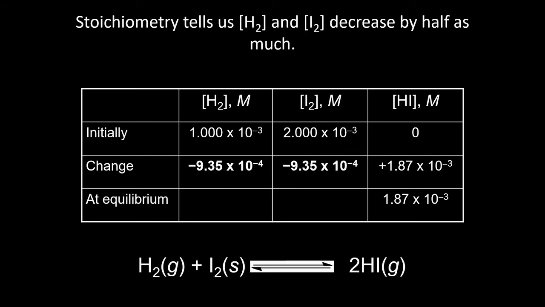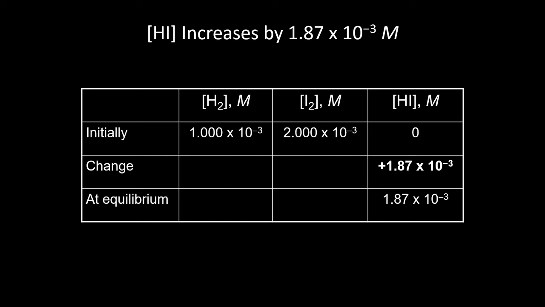We also know, based on the stoichiometry, that whatever the HI does, the I2 and the H2 are going to be related to that. They're going to change by 1/2 of whatever this does.